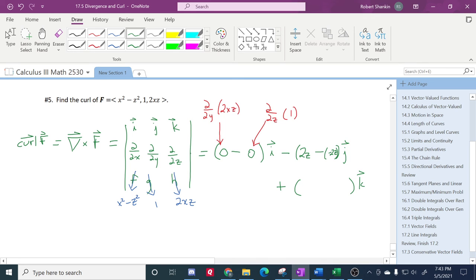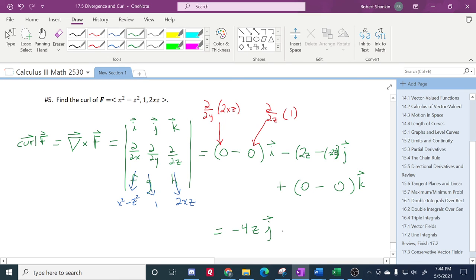You eliminate this row and column. You get the partial with respect to x of 1, which is 0, and then the partial with respect to y of all that, which is 0. So you get 0i, and 2z plus 2z is 4z, so we get a negative 4z j.